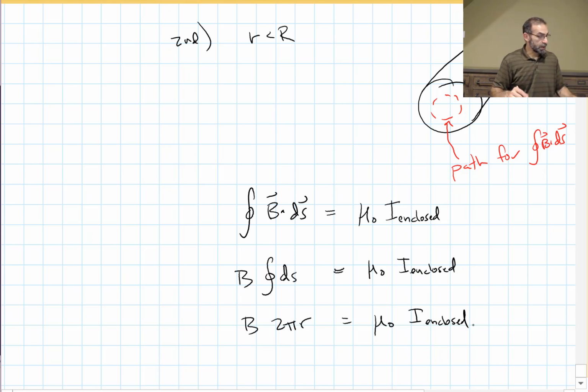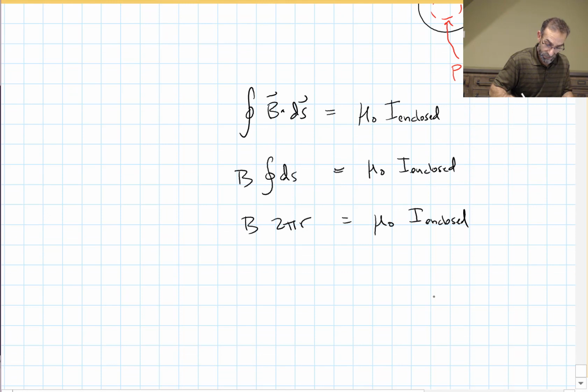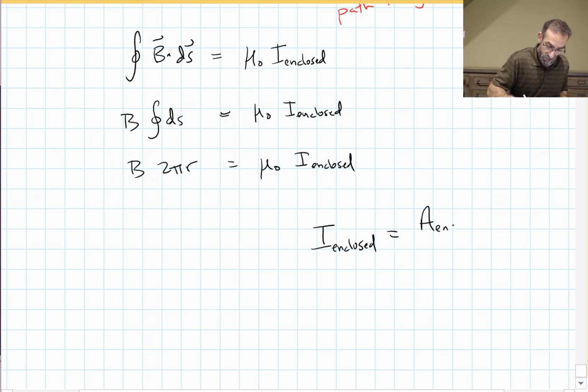Now the question is, what is I enclosed? Because the current is uniformly distributed over the surface area, we can just take a ratio of the areas. The area enclosed over the total area times the current.